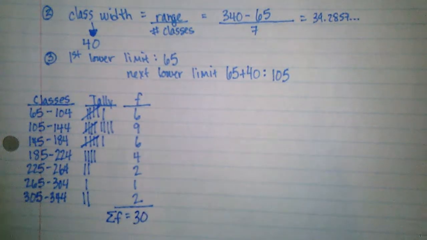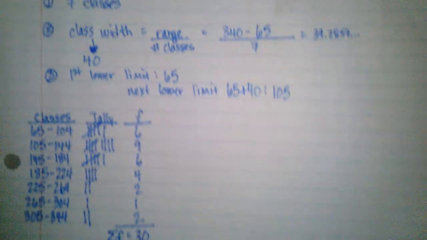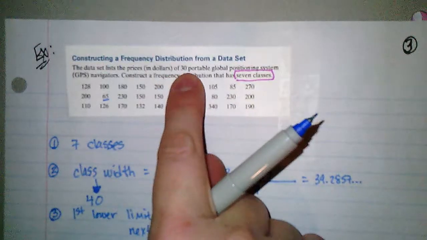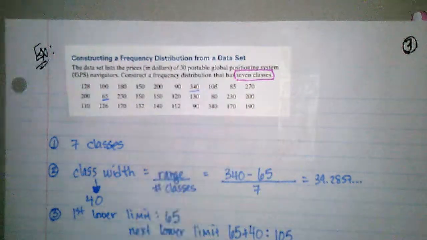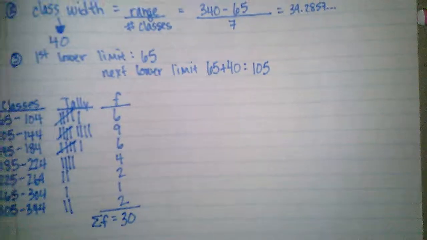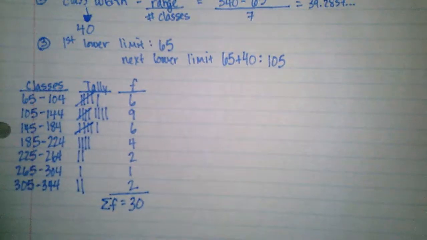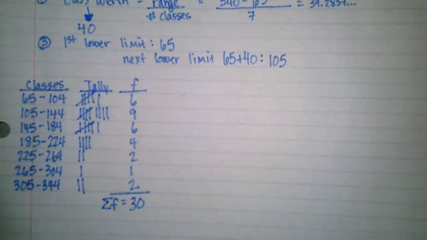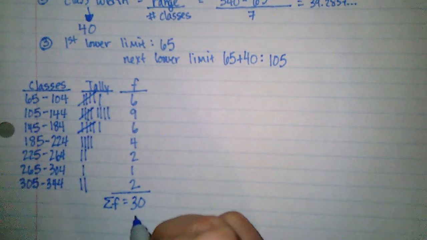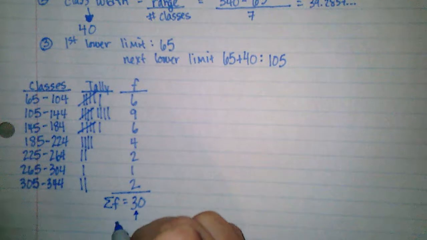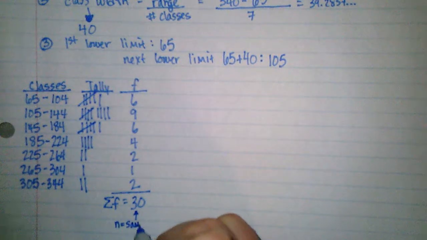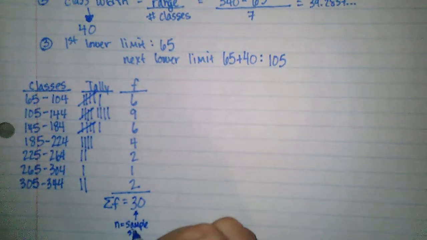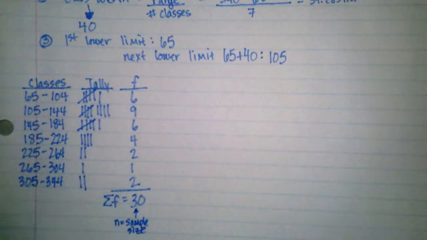So the sum of the frequencies is 30. We should already have known that because it tells us the price of 30 GPS systems, but that's always a good check to make sure that you have everything tallied appropriately. Also, by the way, this is our sample size, which we use the letter N for.